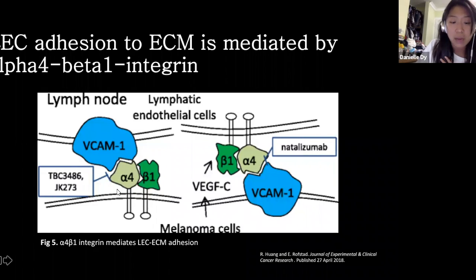In this complex here, which is essentially responsible for mediating the interaction between your LECs, or your lymphatic vessel cells, and the extracellular matrix, when one basically genetically removed it, so lost the gene to create this complex, there was no tumor-induced lymphangiogenesis.